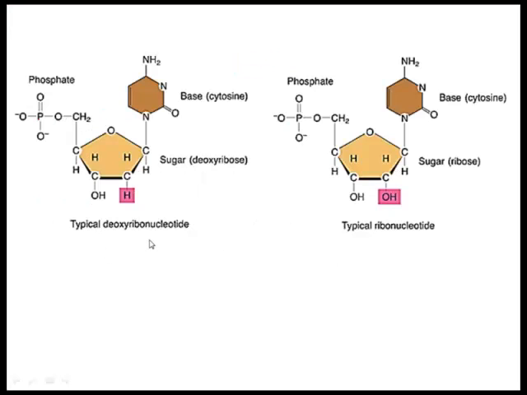This is the structure of a typical deoxyribonucleotide, and this is the structure of a typical ribonucleotide. The main difference that you can see here is the sugar. The sugar in a typical deoxyribonucleotide is deoxyribose, and the sugar in a typical ribonucleotide is ribose.